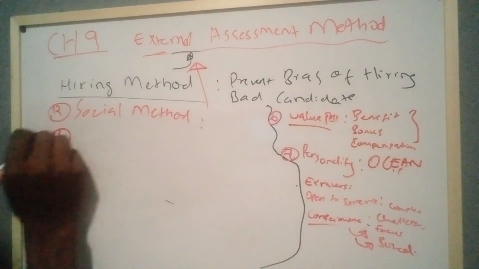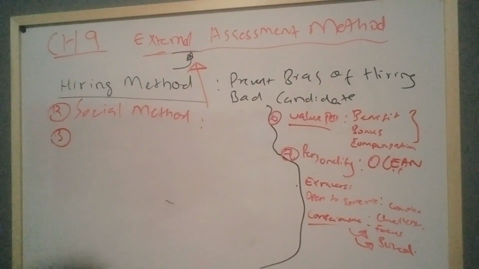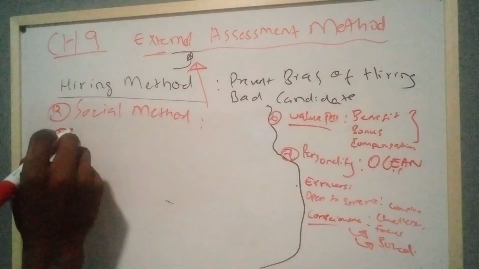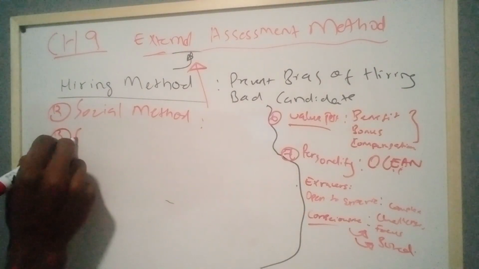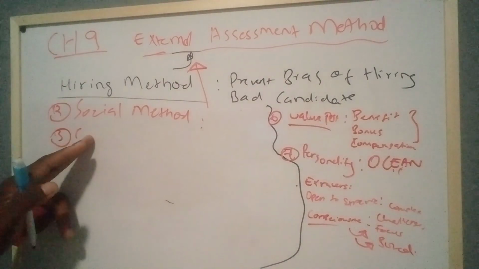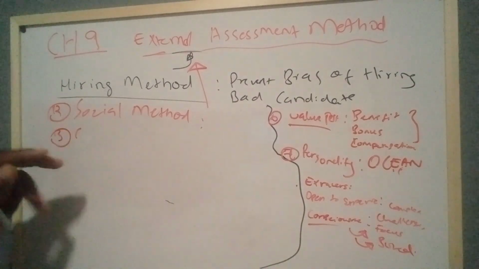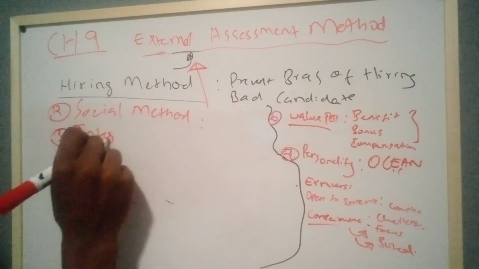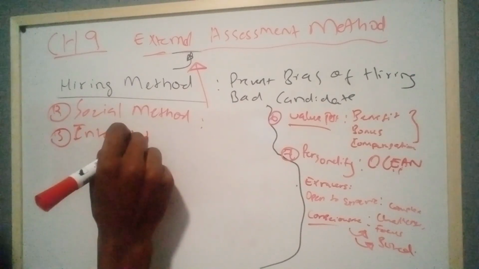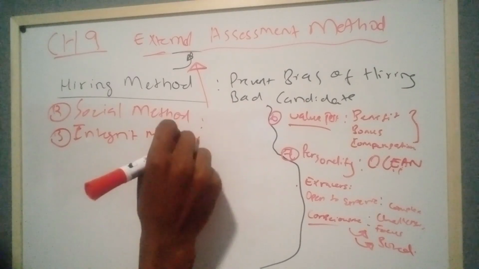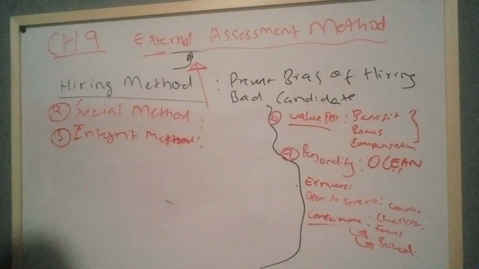And then they said number 13. Let's say we have done the cognitive check, the non-cognitive, graphology, behavioral, personality, and the integrity method. Integrity method is where they check how honest you are in the organization.